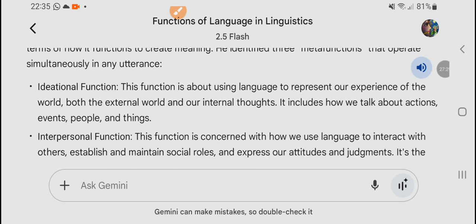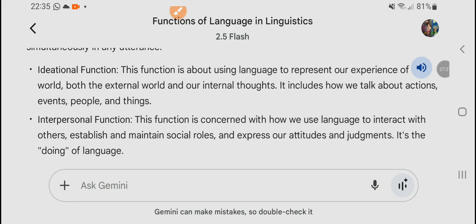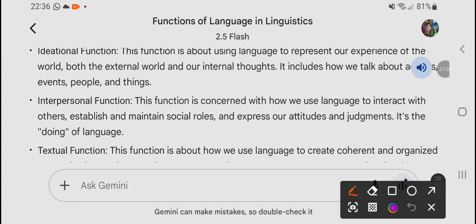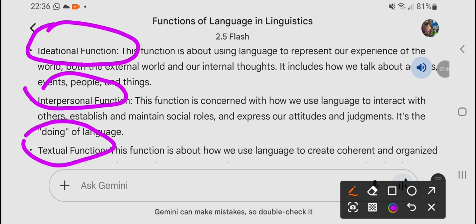First is the ideational function, then interpersonal function, and textual function. So you just have to remember these 3, right? Ideational is the language used for expressing our external world and internal thoughts. So when we talk about people, things, persons, events, we use ideational language.